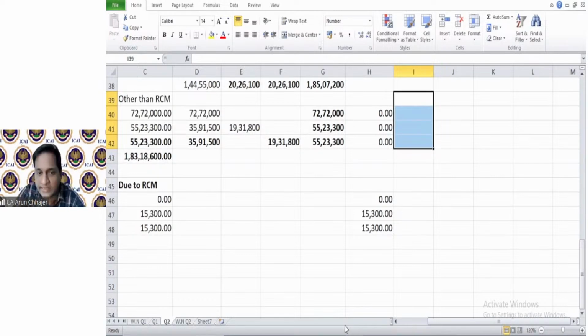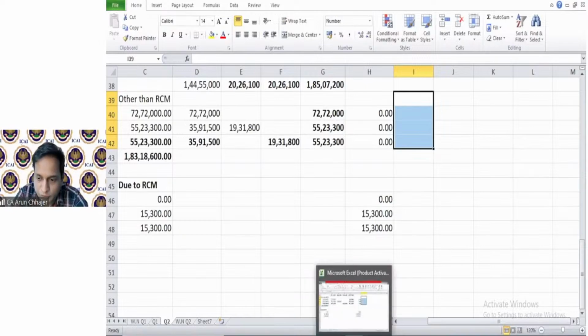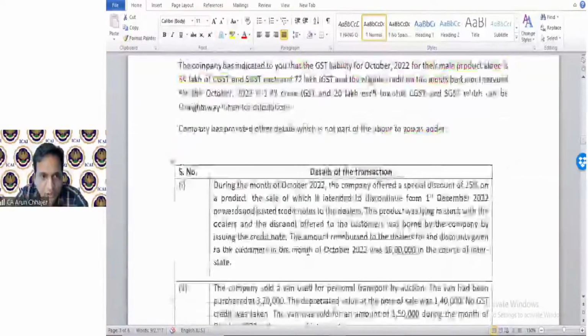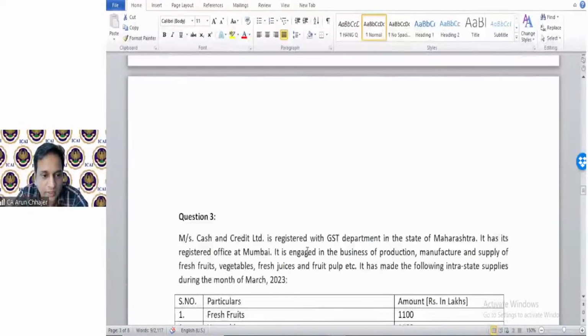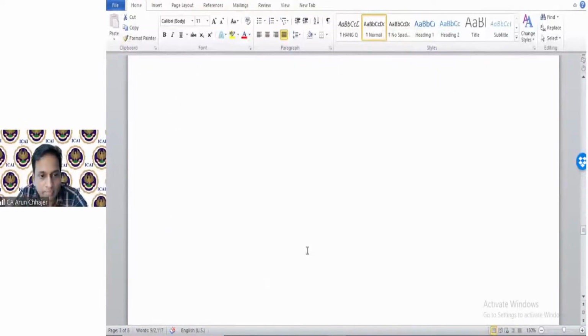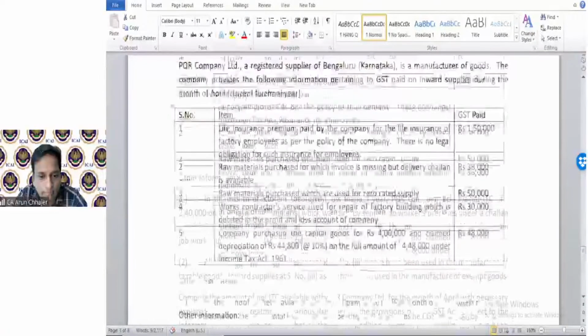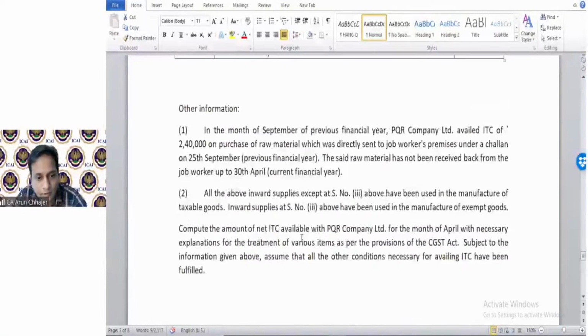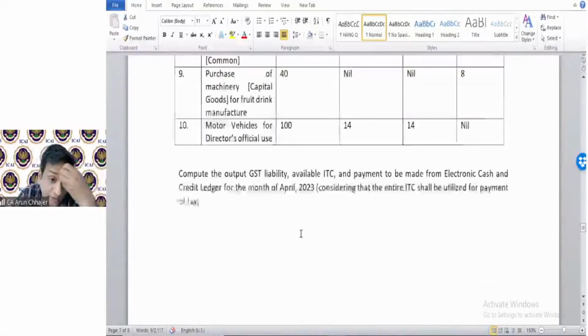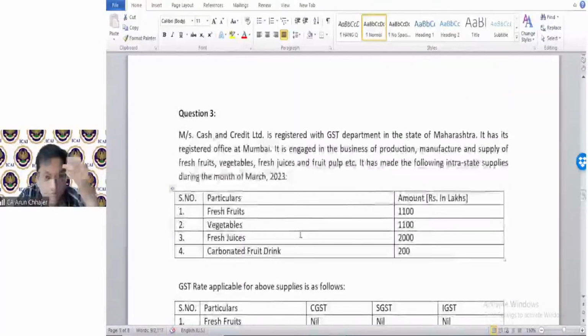I think from my side, practical problem number 2 is also completed. Any question? So I will move to the third problem. Sorry, third problem. Okay.